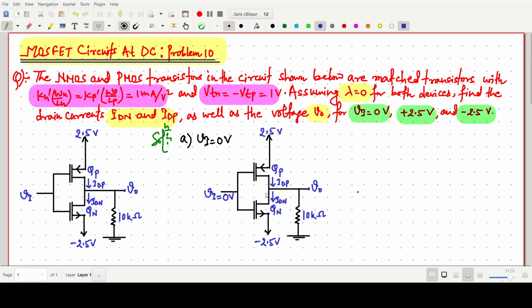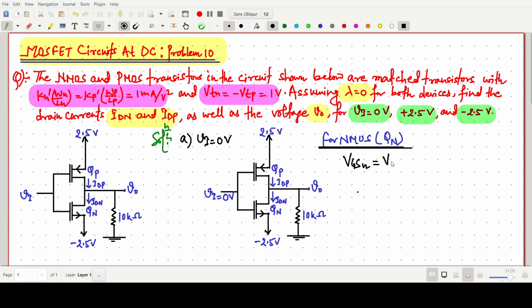First we have to identify in which state the transistors, the PMOS and NMOS, are. So first we think about the NMOS transistor, or we can simply say the QN transistor. For the QN transistor, first we have to find whether it is operating or not. For this purpose we have to find the VGS value, VGS for NMOS, so I am writing VGSN.